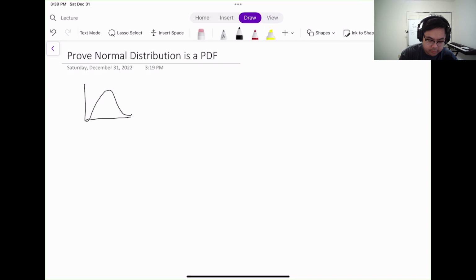So basically, the domain of normal. This is how you denote it: normal distribution with a mean of mu and a variance of sigma squared. The domain of it is all real numbers, from negative infinity to infinity.